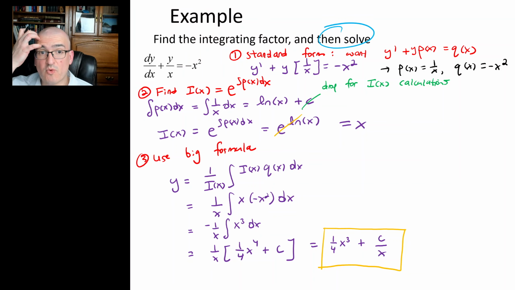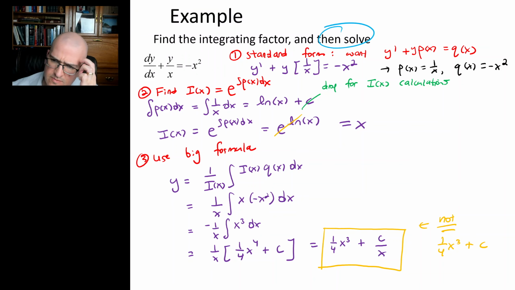It's extremely important. Not 1 over 4 x to the power of 3 plus c. It has to be c over x, otherwise it won't be a solution to the differential equation. It won't work. I don't think it's a good use of your time to check every single solution when you're doing homework problems or doing the notes.